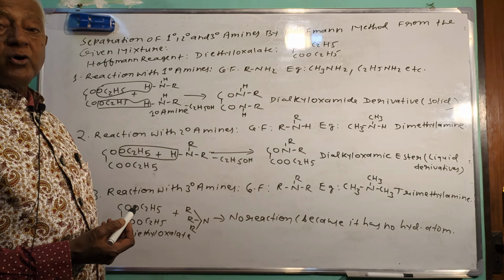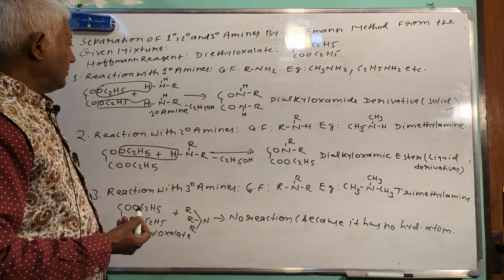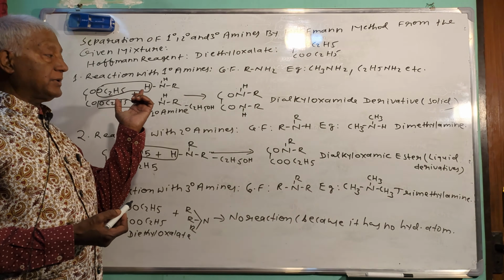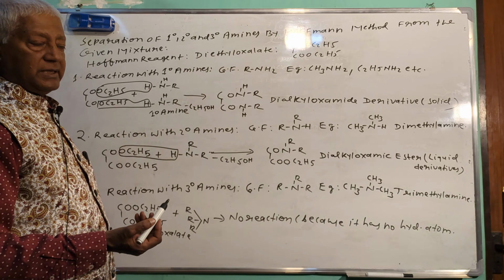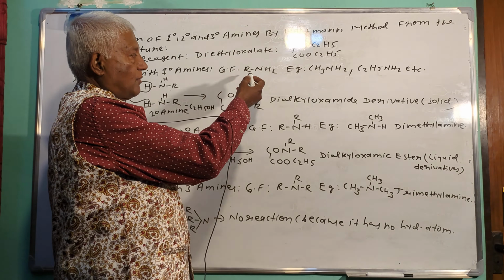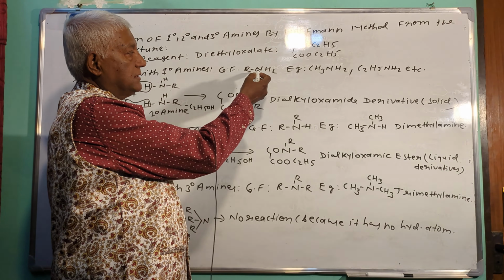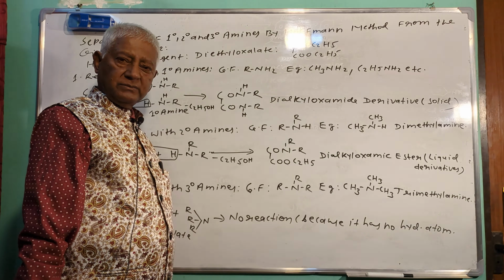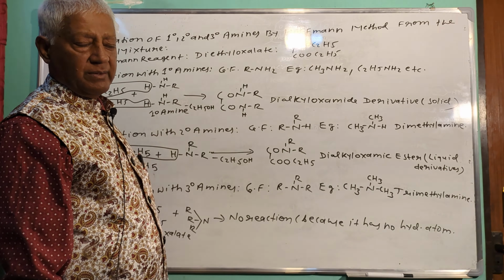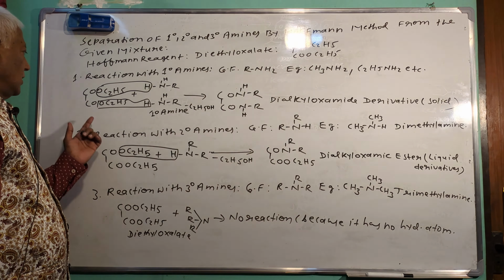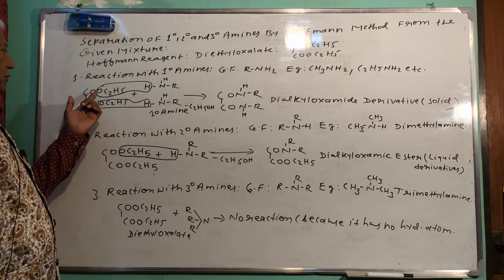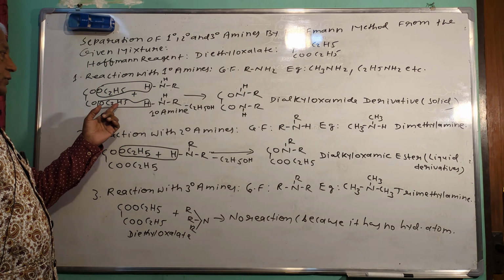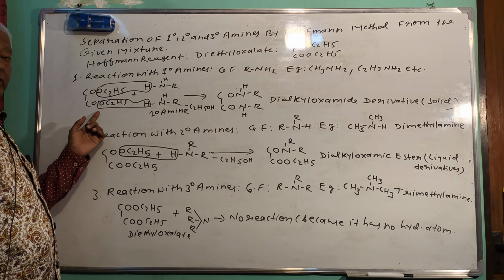We get the following reactions. First we have to see the reaction with first degree amine. The general formula of first degree amine is RNH2. Examples, you can give any R: methylamine, ethylamine, propylamine. So what is the reaction? That is COOC2H5, COOC2H5, diethyl oxalate.